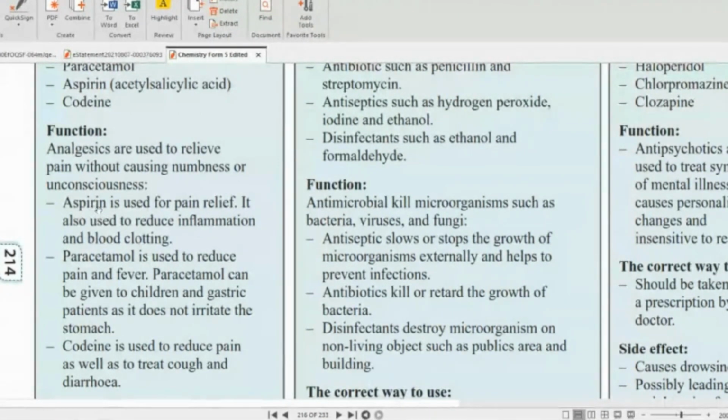Pregnant women also cannot take aspirin because it is very acidic. It will cause internal bleeding in the stomach. You note down, aspirin cannot be taken by children and pregnant women. Paracetamol can, because it is neutral.